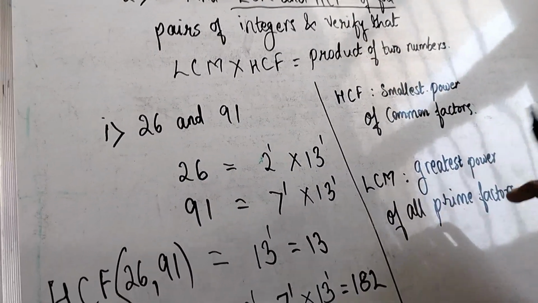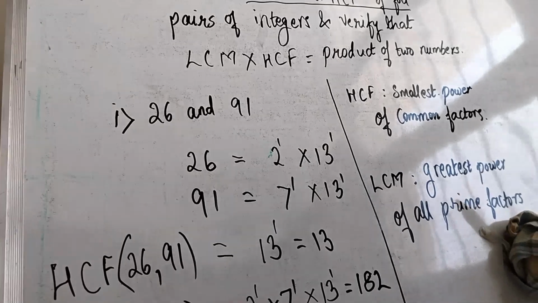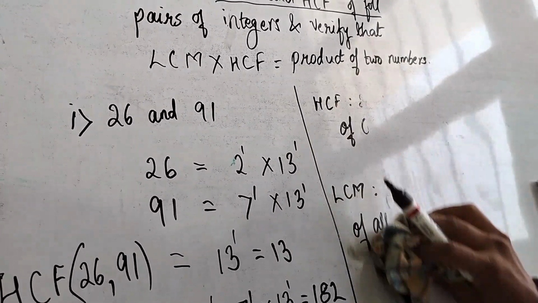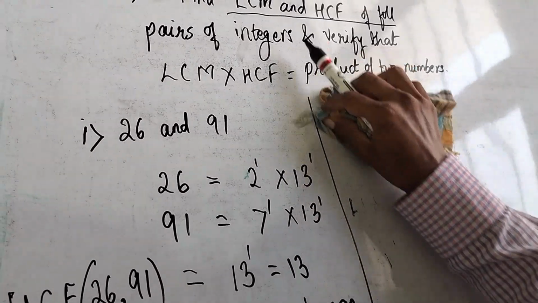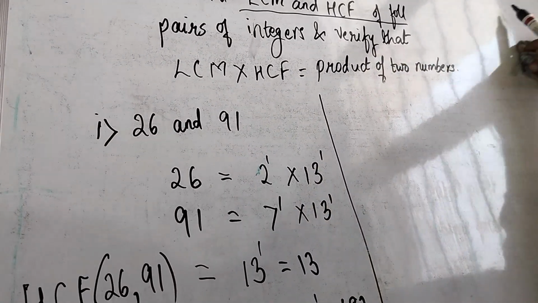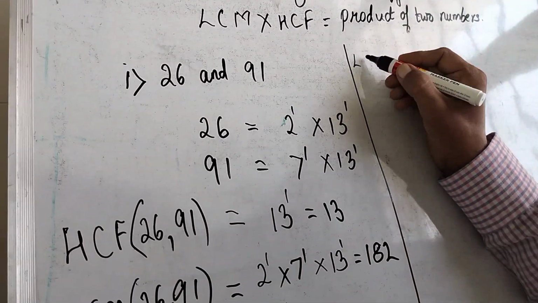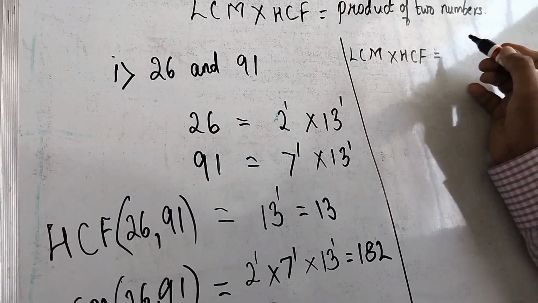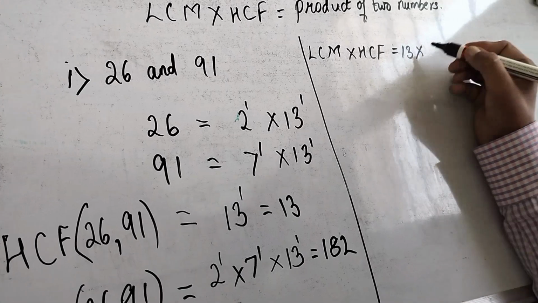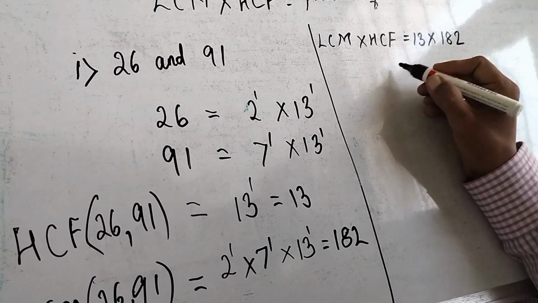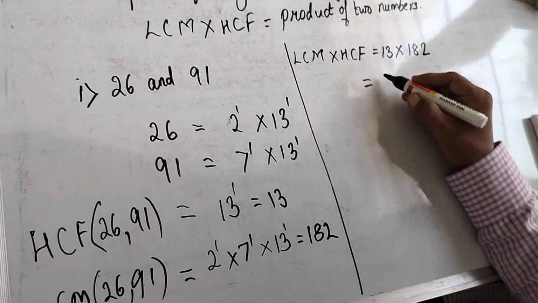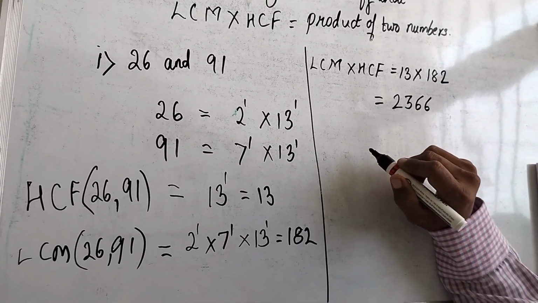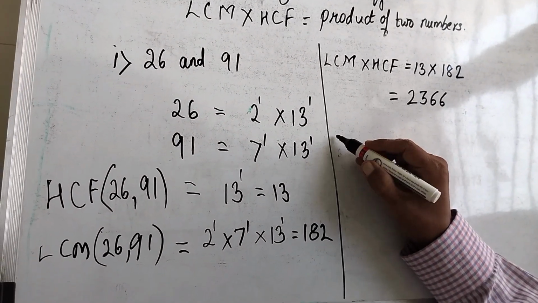This way we have found the first part of the question, that is the LCM and HCF of the given integers. Now the second part consists of verification that LCM into HCF is equal to the product of the two numbers. First we will see LCM into HCF. What is LCM into HCF? 13 into 182. When you multiply this, you will get 2366. Okay, and afterwards the product of the two numbers.